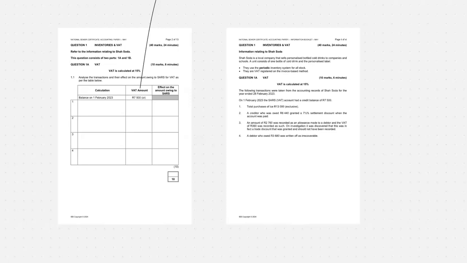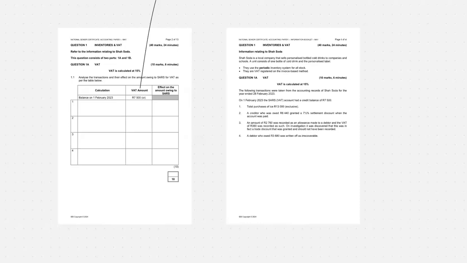Okay, so let's look at the first transaction. Total purchases of ice were 13,000, and then in brackets they say the price was exclusive. So if it's exclusive, that means now in your calculation for VAT, you'll be using the fraction 15 divided by 100. So it's 15 over 100 if it's VAT exclusive, because it does not include VAT.